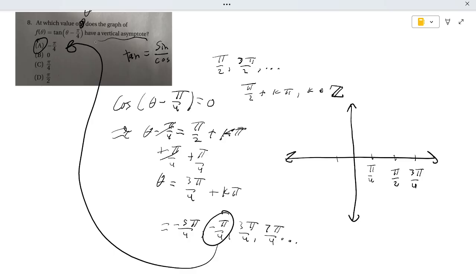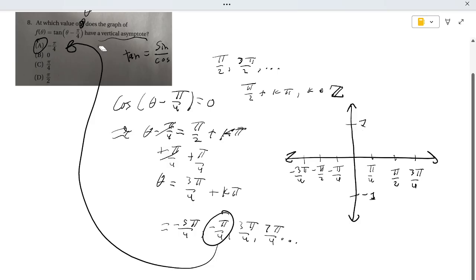Let's go the other way too: negative pi over 4, negative pi over 2, negative 3 pi over 4. And this can be 1, negative 1. That would mean square root 2 over 2, negative square root 2 over 2. I'm going to erase that.